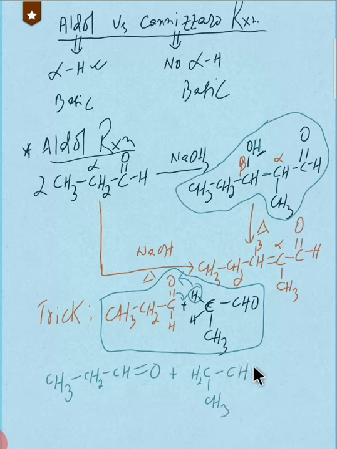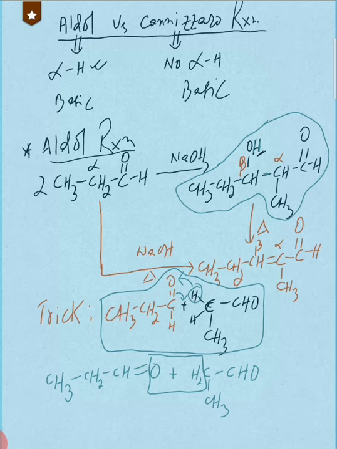So this will be our another propanal molecule, and this oxygen and these two hydrogens will form water molecule, and this carbon and this carbon will be attached by a double bond. This is how the aldol condensation product can be written without any mistake, right? This is about aldol reaction.